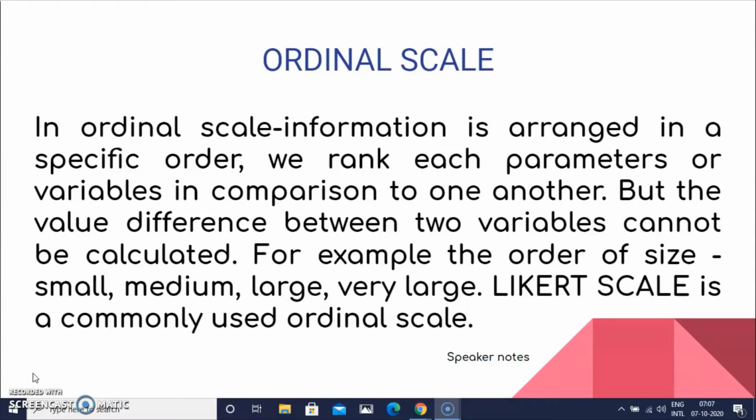We don't know the exact difference between sometimes and most times, because the gap between these 2 points we can't measure. So such a type we call an ordinal scale.